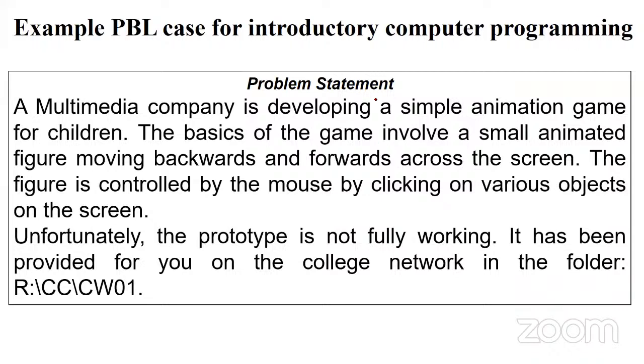And the problem is like that. A multimedia company is developing a simple animation game for children, the same game that I showed. The basics of the game involve a small animated figure, which I saw in the last figure, moving backwards and forwards across the screen, like this.